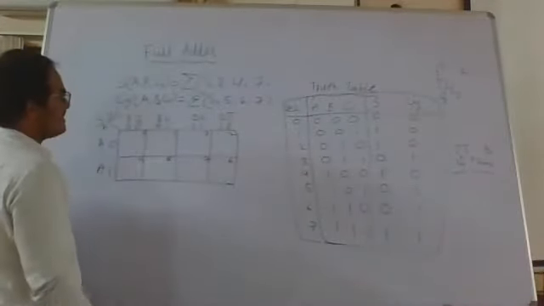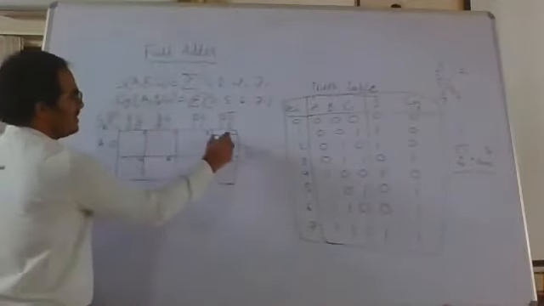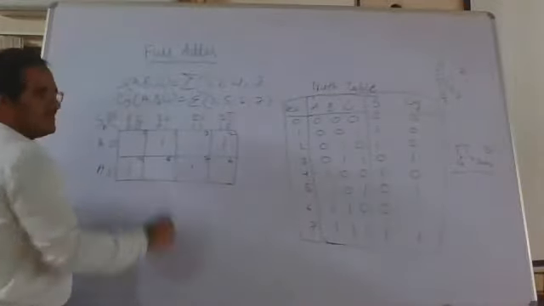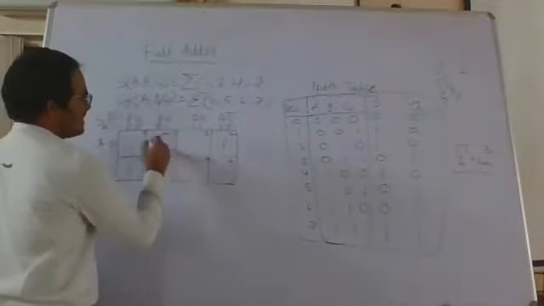Next step in the K-map preparation is to place the ones in the cells that correspond to the minterms: 1, 2, 4, 7. None of them are adjacent to each other, so each is a subgroup.